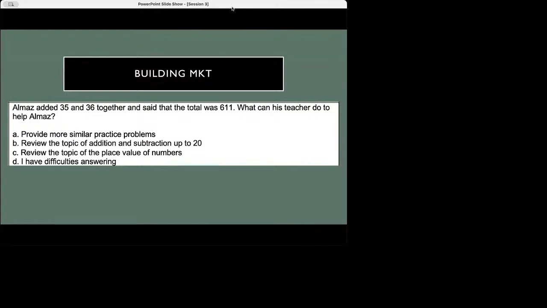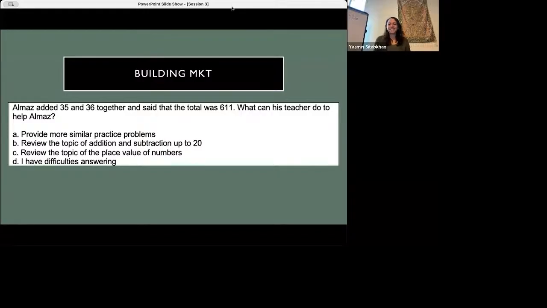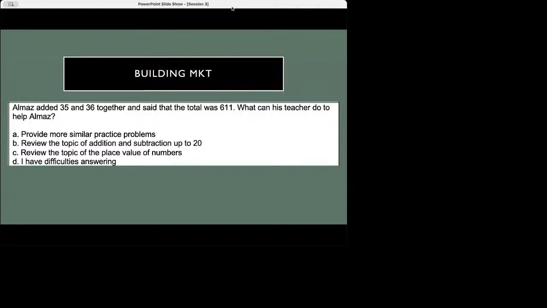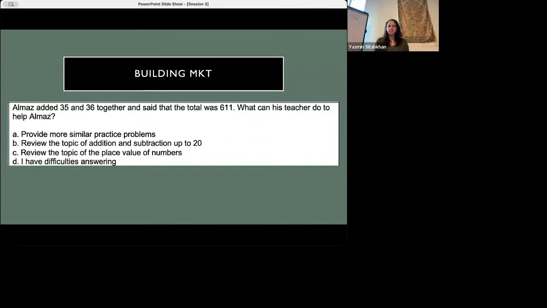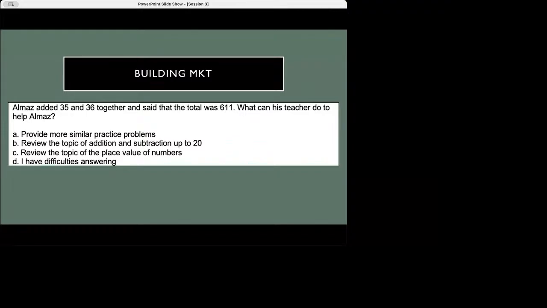Okay. It is me. This learner added 36 and 35 plus 36 to get 11 ones and 6 tens. So he doesn't know the regrouping or carrying.